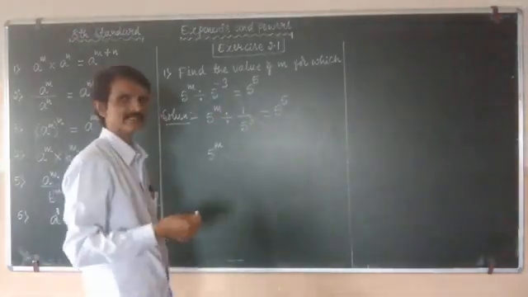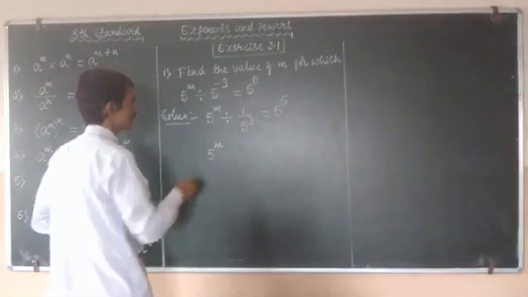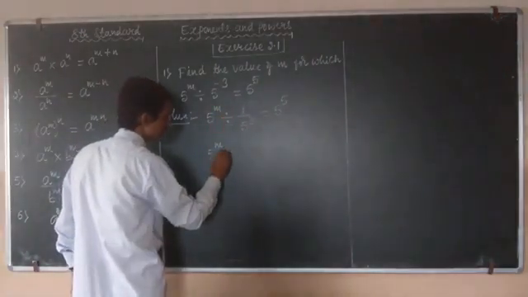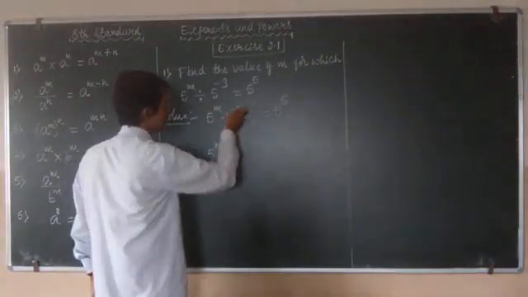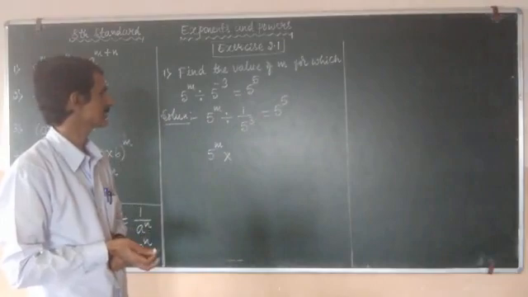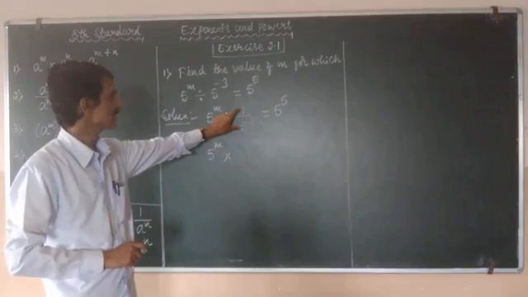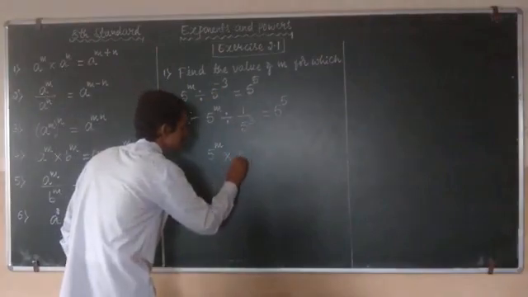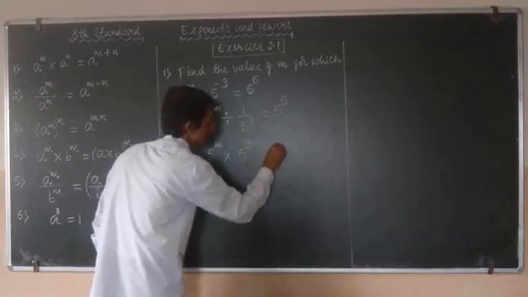We know the division of fractions: the division symbol will be changed into a multiplication symbol, and the numerator and the denominator of the fraction will be interchanged. That means this can be written as 5 by 1, or simply 5.